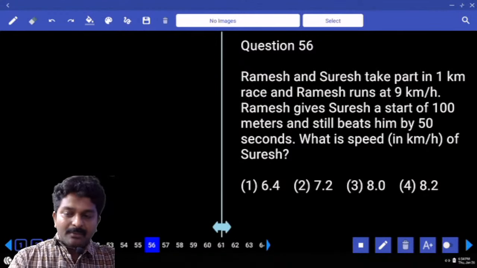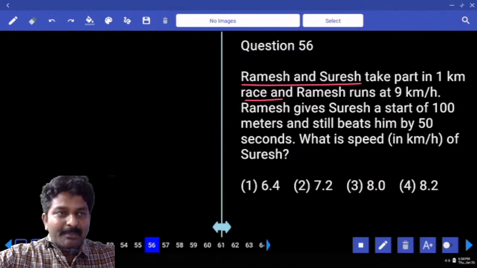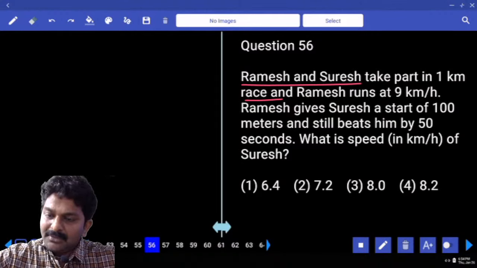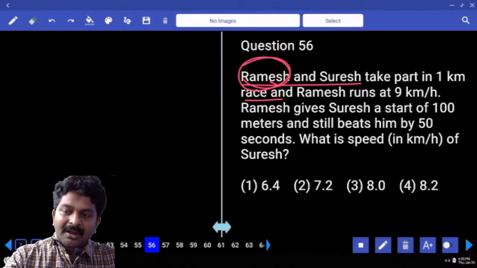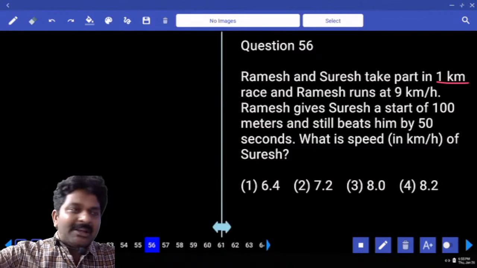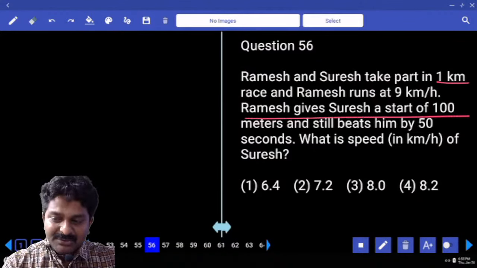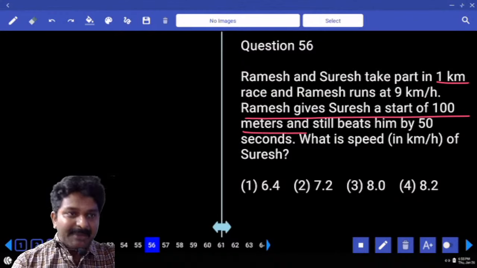Okay. Now, in a race, there are 2 members, Ramesh and Suresh. Let's say I am Ramesh and you are Suresh. Both need to participate in a 1 kilometer race. But Ramesh gives Suresh a start of 100 meters.